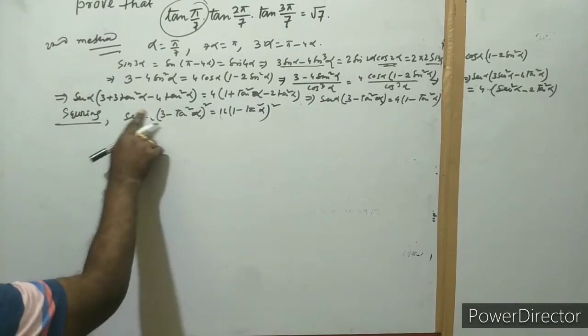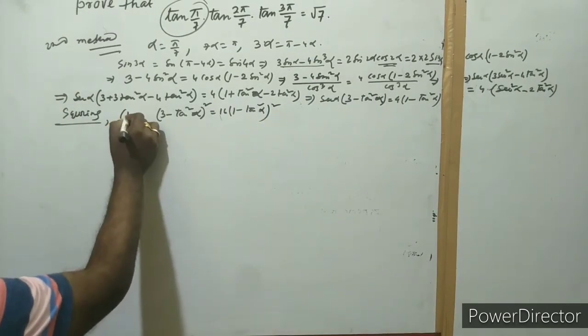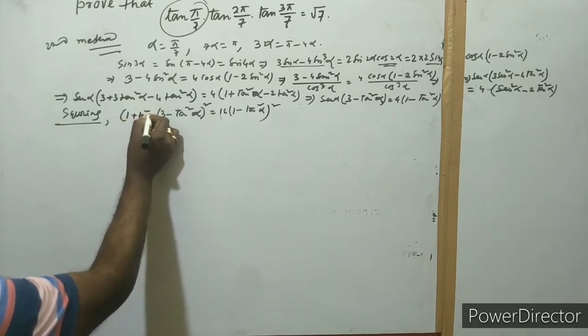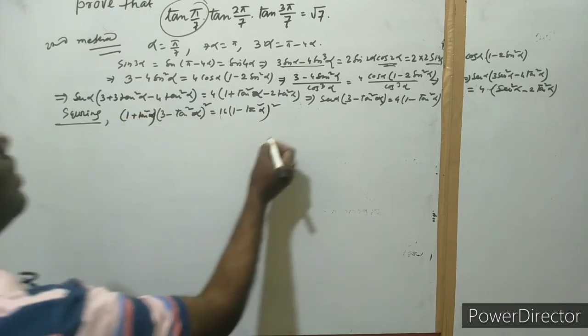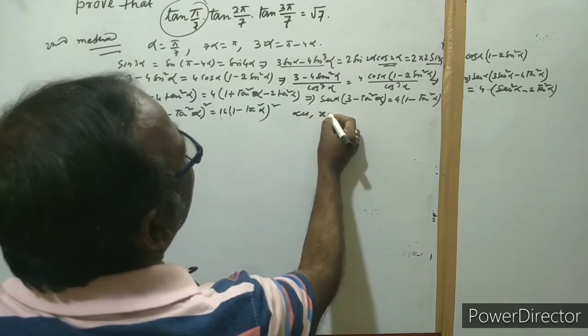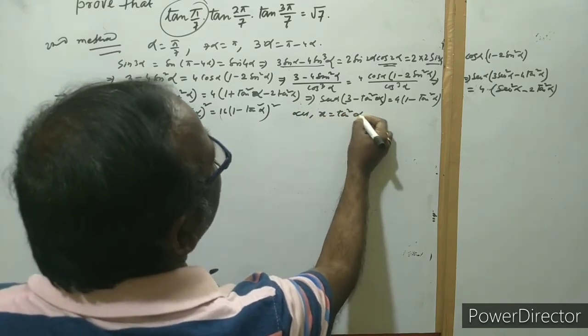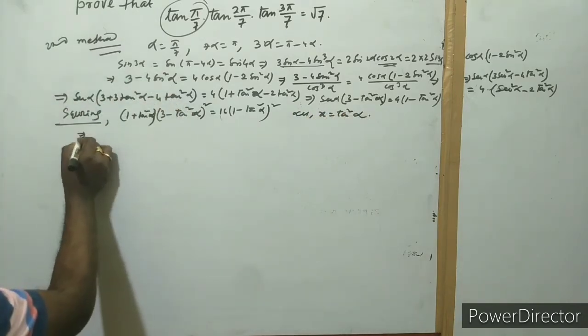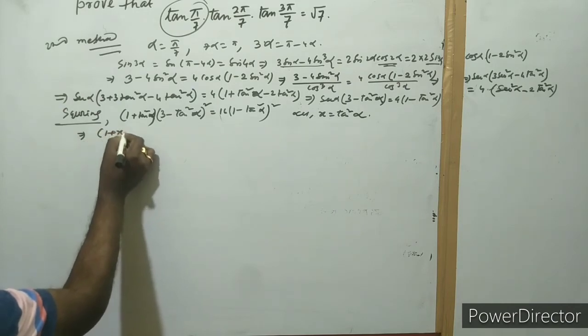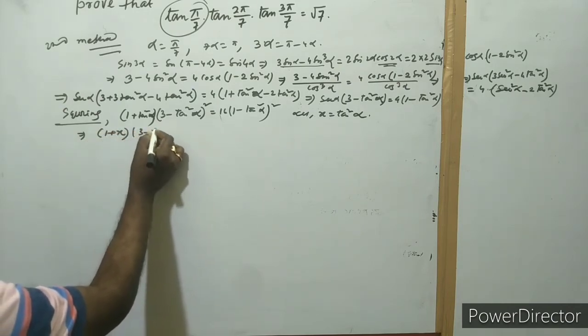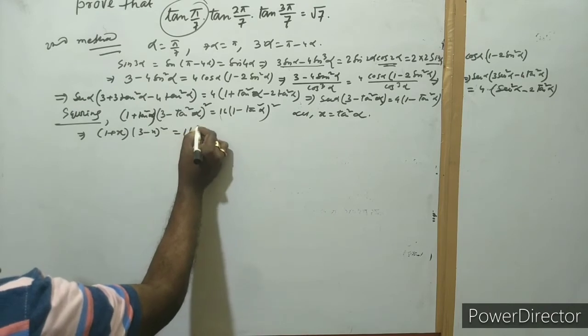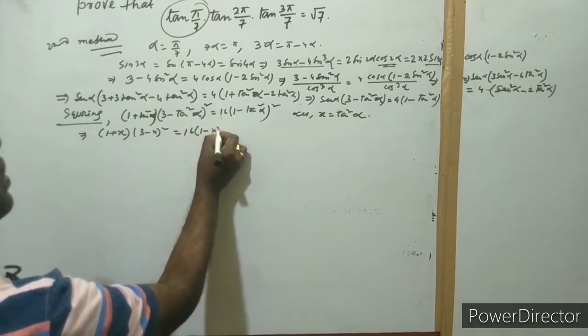Now this sec square is converted into 1 plus tan square alpha. Let x equal to tan square alpha. Now this is here 1 plus x, 3 minus x whole square, and 16, 1 minus x whole square.